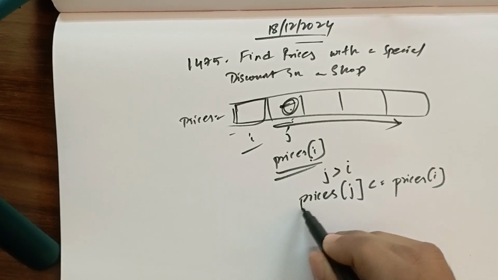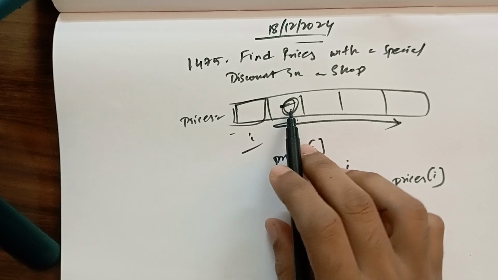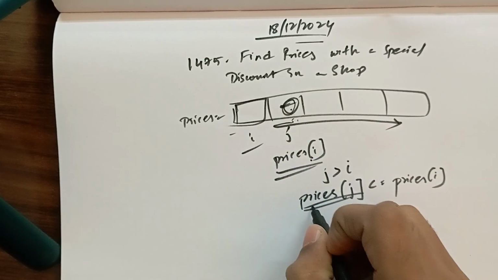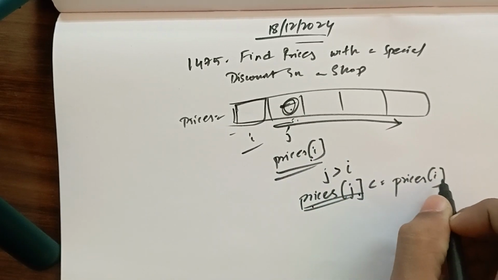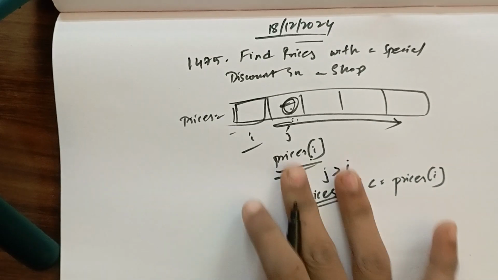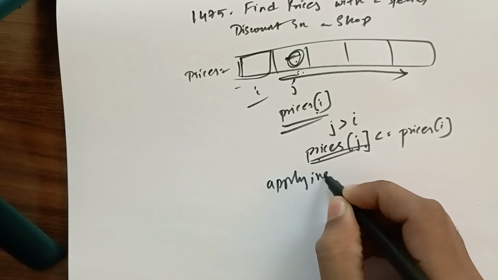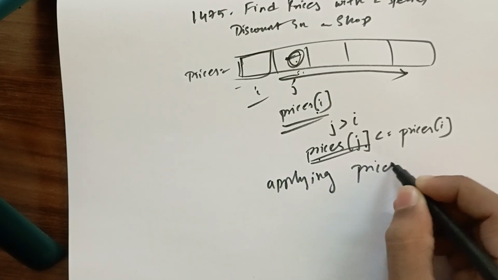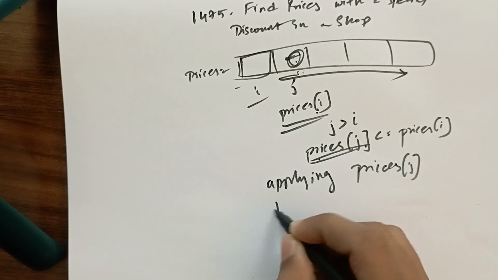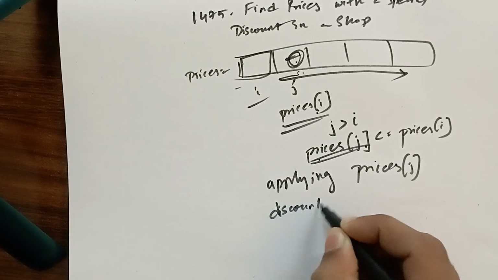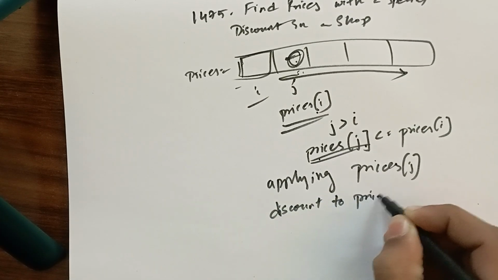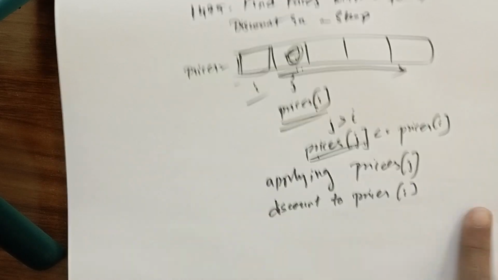That means if, by iterating j, you get prices of j less than or equal to prices of i, then we will apply prices of j as a discount to prices of i. So this is the explanation for the question. Let us go with the example given in the question.